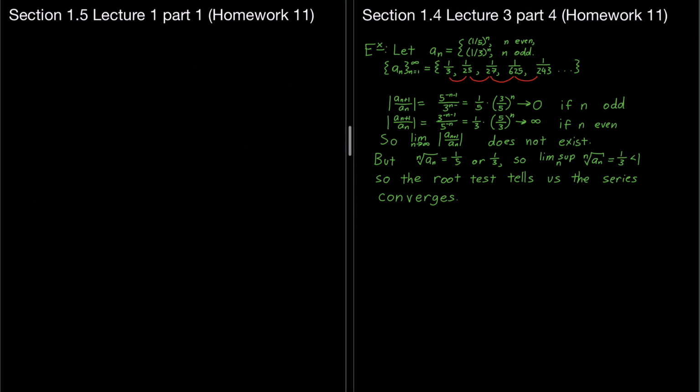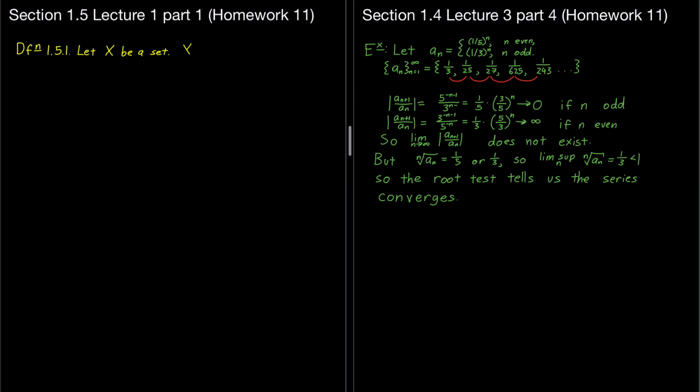Now we're going to begin section 1.5. We're going to start discussing countable and uncountable sets. So here is the definition of a countable set, definition 1.5.1 in your book. Let X be a set.